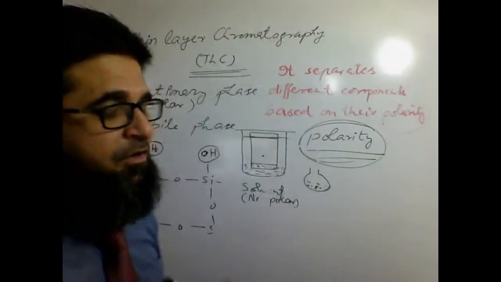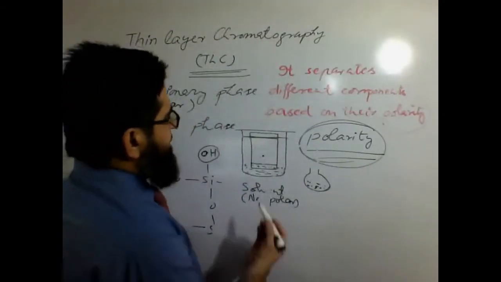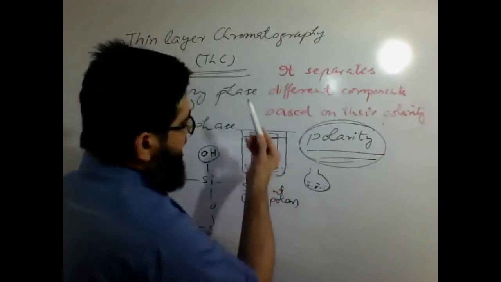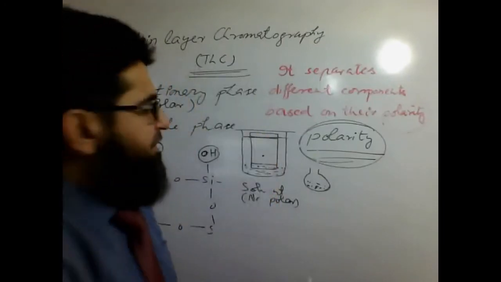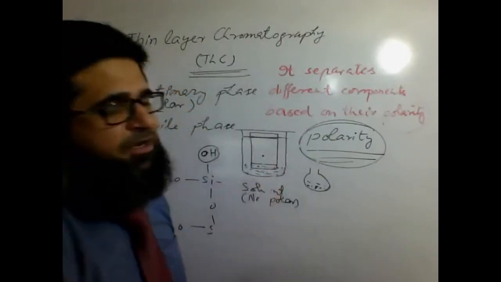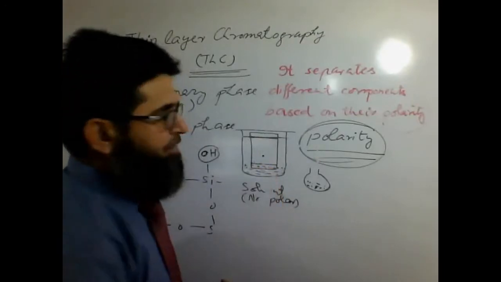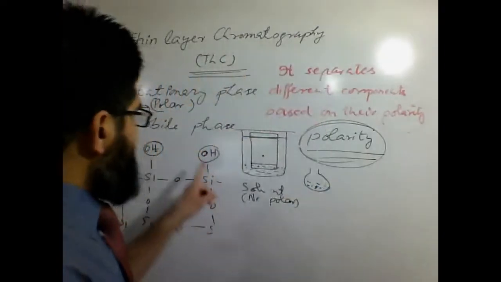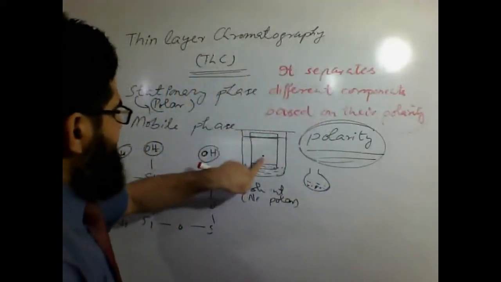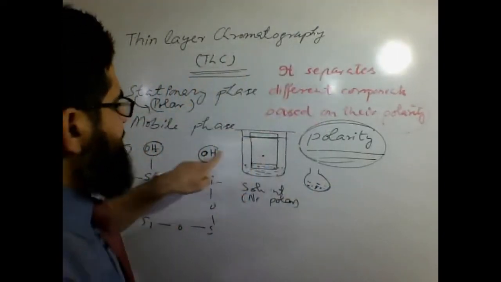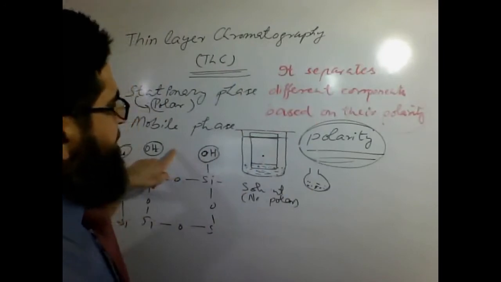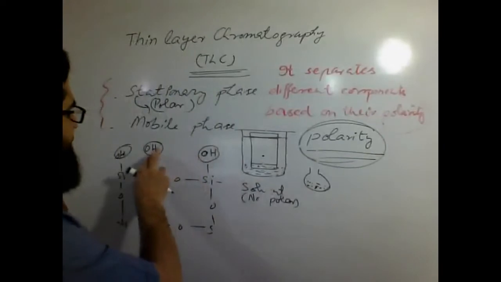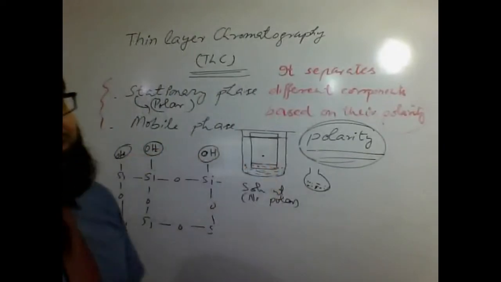Secondly, we can assume that as the spot hasn't moved up a lot, it has moved just a bit, it means the given compound is some sort of a polar one, because it has been restricted, retained, slowed down by the presence of the hydroxyl group on the surface of the TLC.